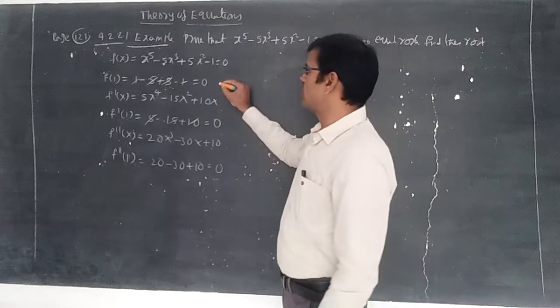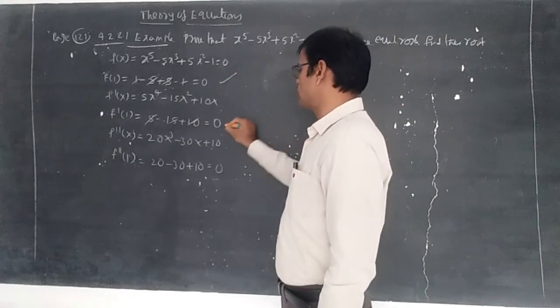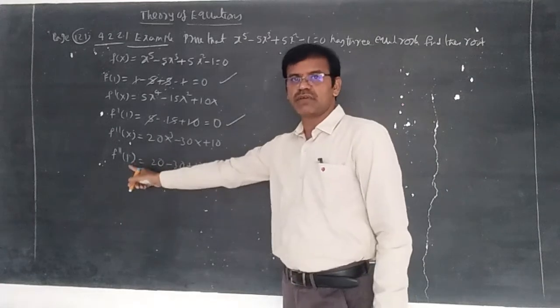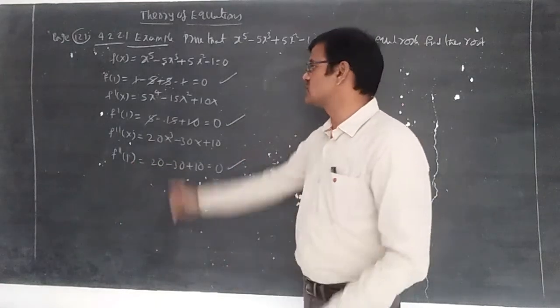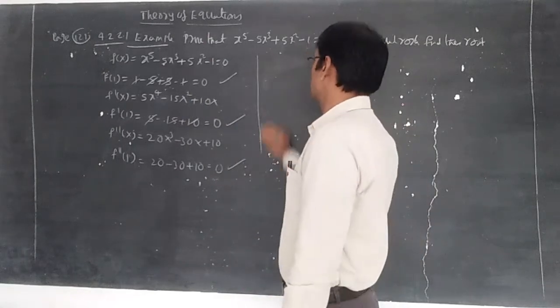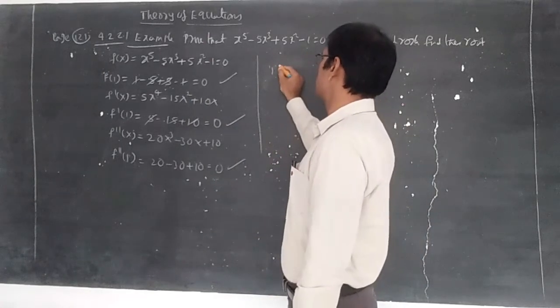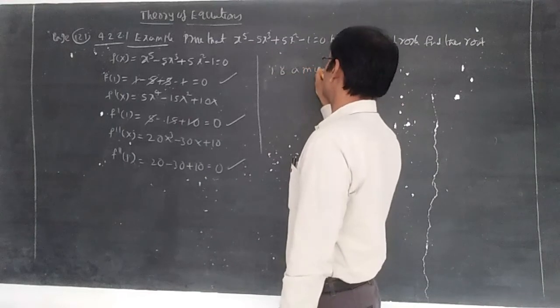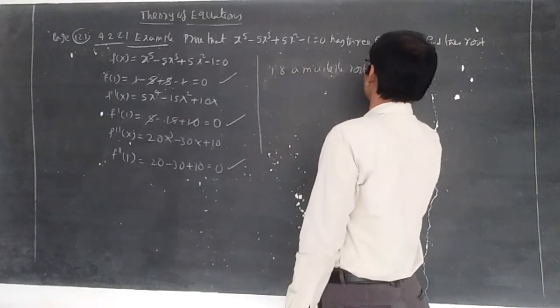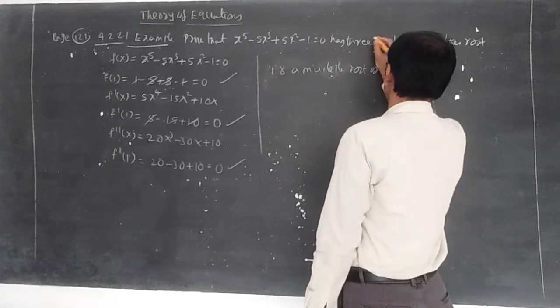So now we got f of 1 equal to 0, f dash 1 equal to 0, f double dash 1 equal to 0, by the derivative power m minus 1 concept. Here 1 is a repeated root or multiple root. You can write 1 is a multiple root of 3 times. That's all.